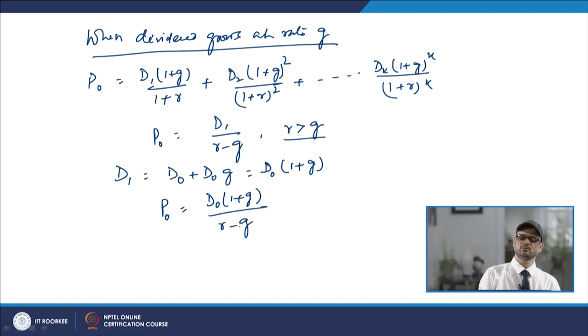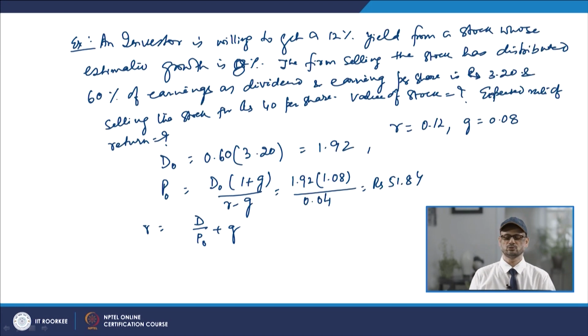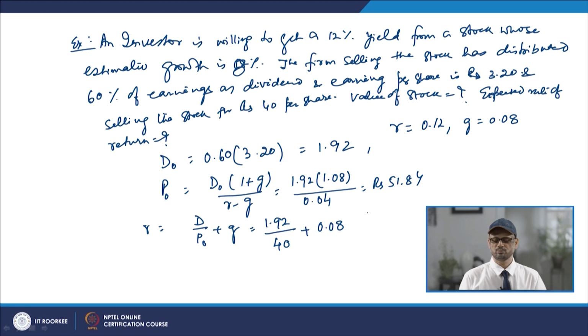From here you can get this R. So the expected rate of return will be D 1 by P naught plus G. So it will be 1.92 divided by 40 and then plus G, so 0.08. That will come out to be something like 12.8%.